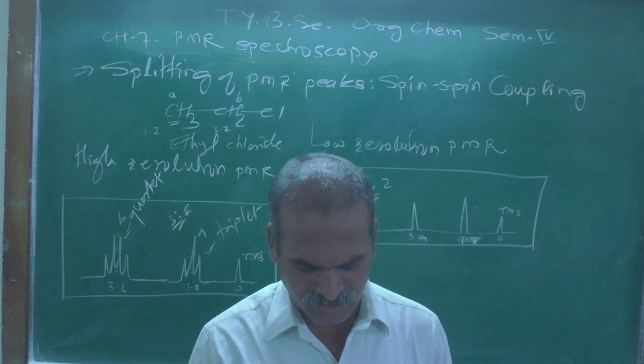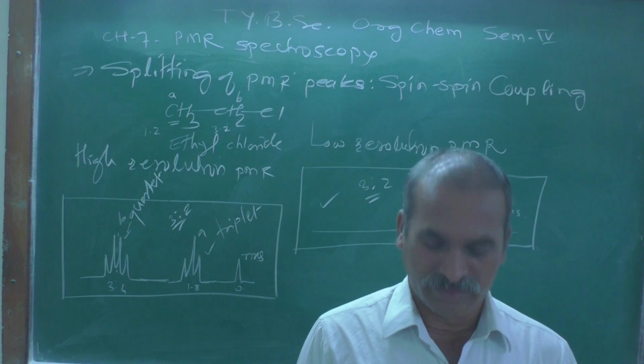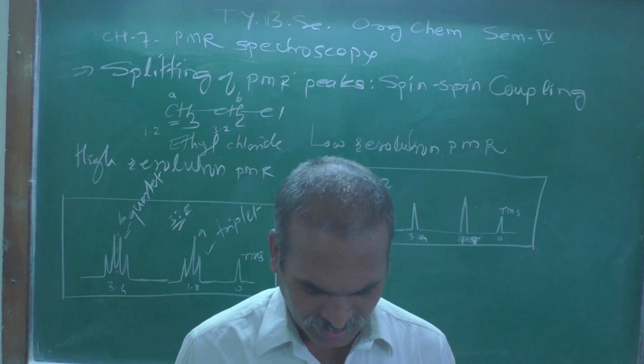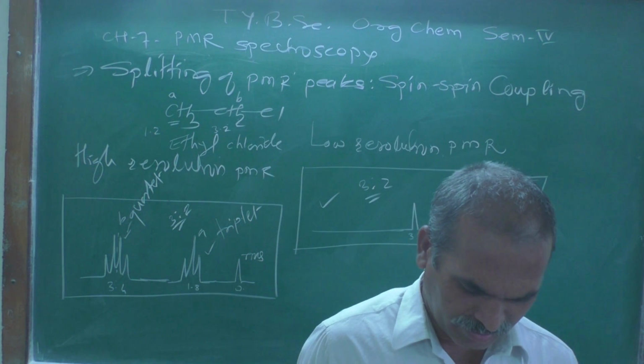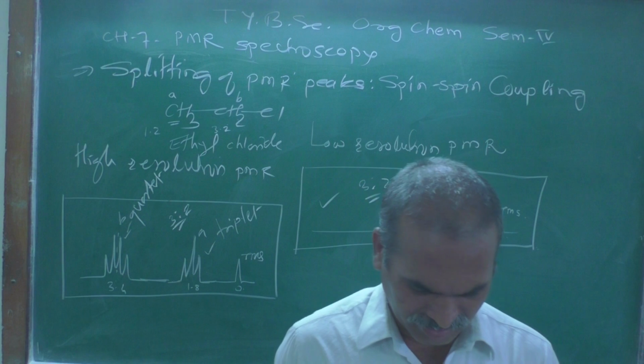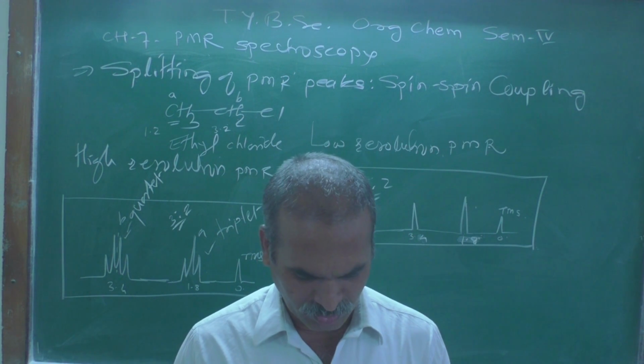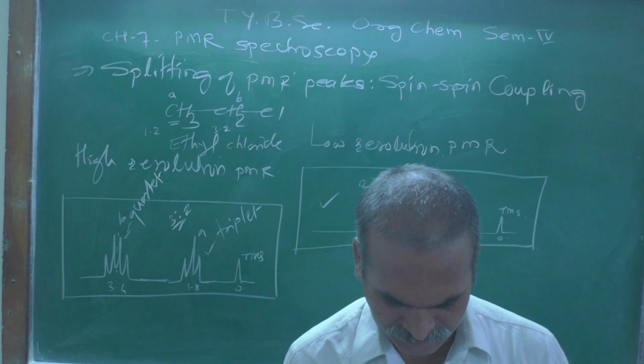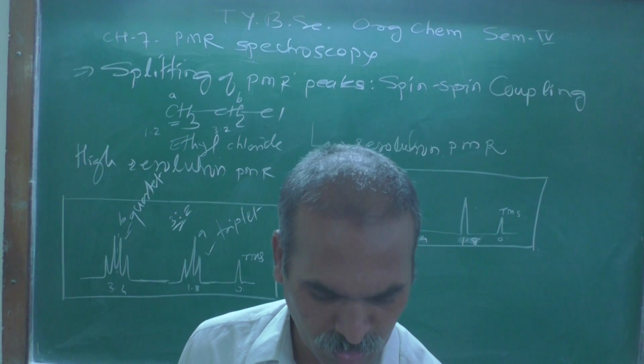Thus the average delta value of the triplet is still 1.8, and the total area under the triplet is still proportional to 3H, and the same is true for the quartet also.